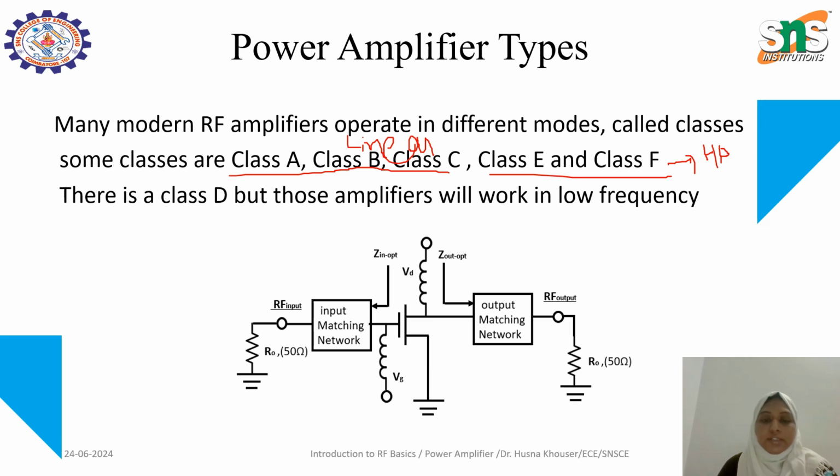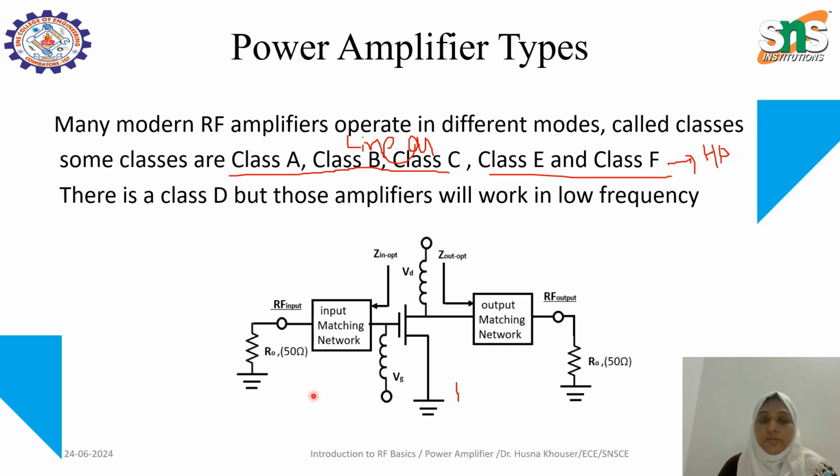Here you can see this is a one stage amplifier, and the transistor is not directly connected to the input and output. Here there is an input matching network, and the output is 50 ohm. We will not get 50 ohm directly at the transistor, so the impedance of the transistor will also vary. So we need a proper matching network, that we call Z output, the optimum impedance.